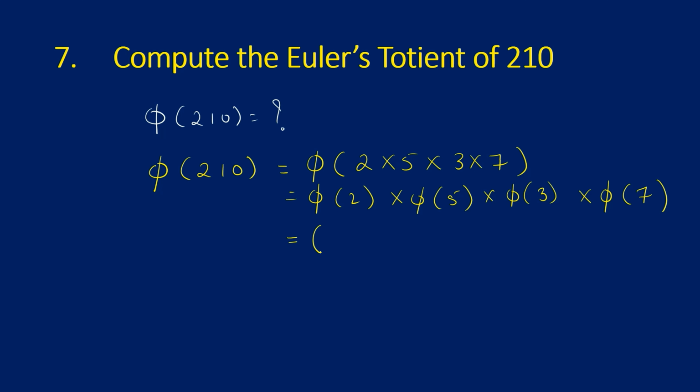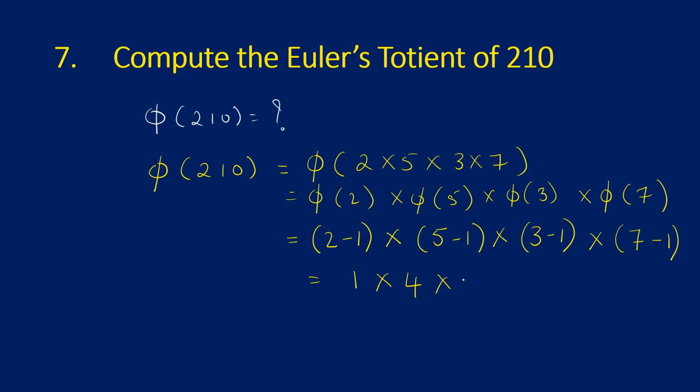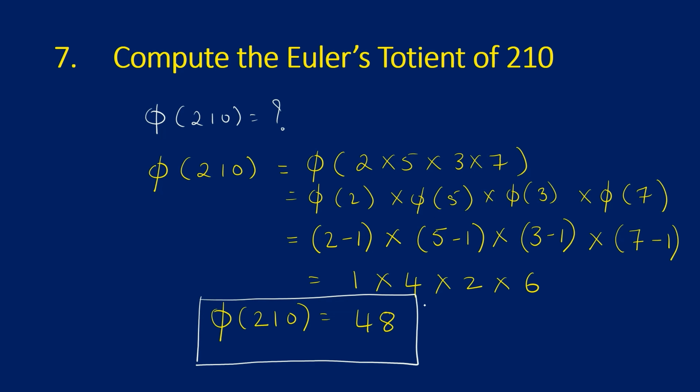So 2 is a prime number, so its Euler totient is 2 minus 1. 5 is a prime number, so its Euler totient is 5 minus 1. 3 is a prime number, so its Euler totient is 3 minus 1. 7 is again a prime number, so its Euler totient is 7 minus 1. So 2 minus 1 is 1, into 5 minus 1 is 4, into 3 minus 1 is 2, into 7 minus 1 is 6. Therefore, the Euler totient of 210 is 48.